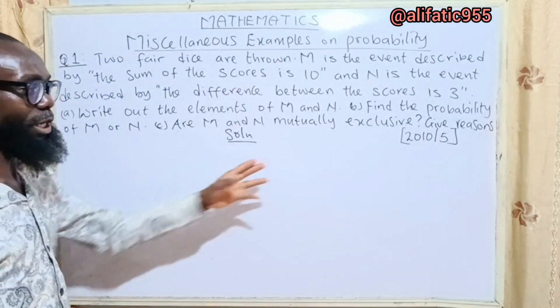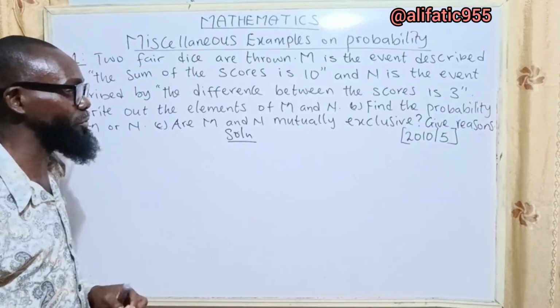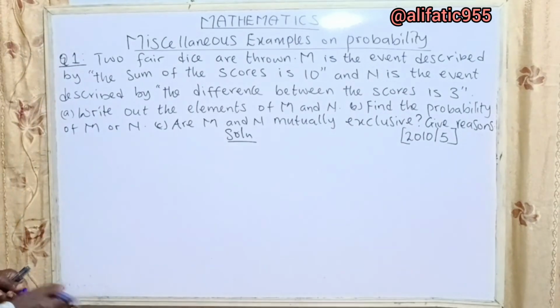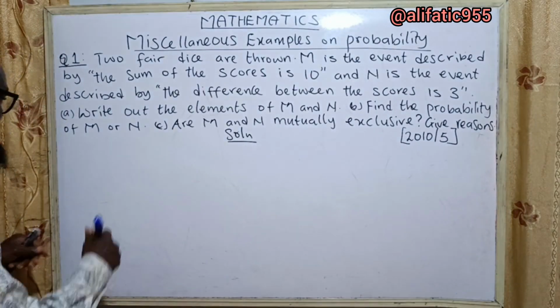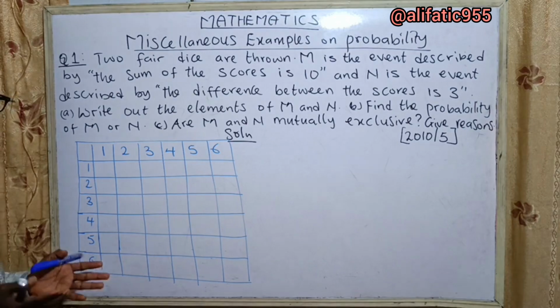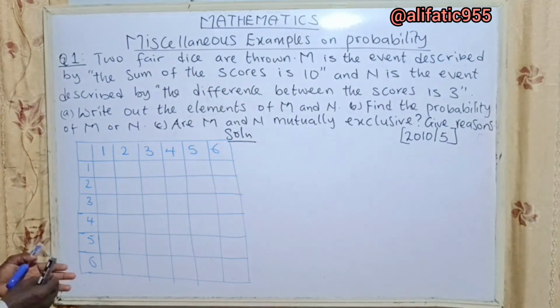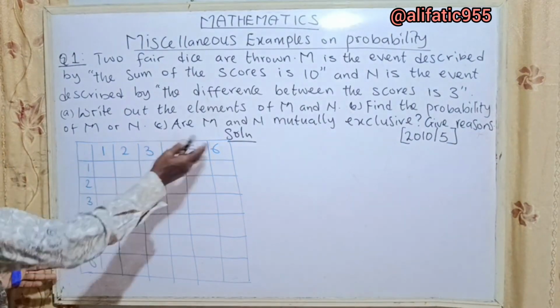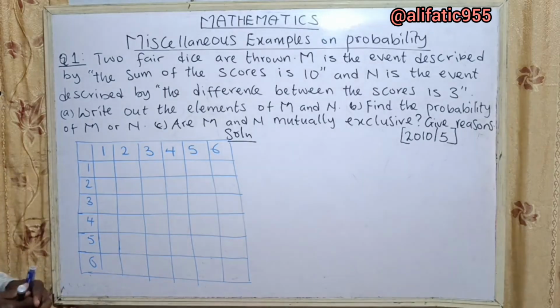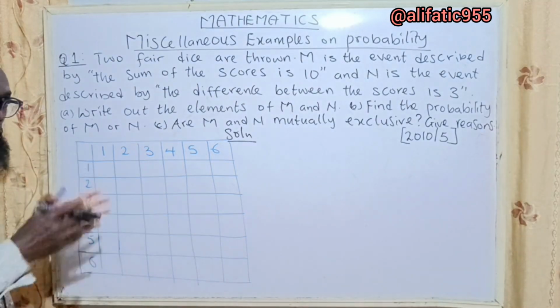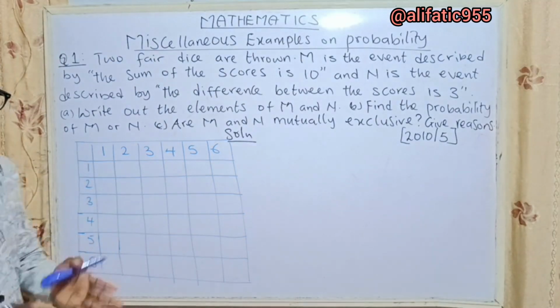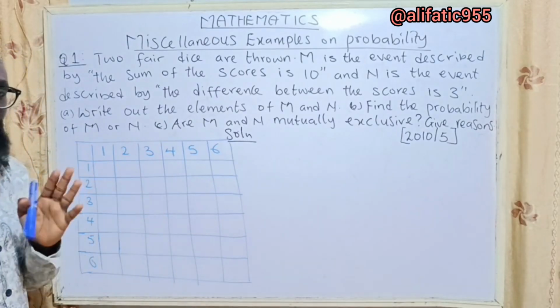This question is WAEC 2010, question 5. We have dice 1 to 6. So these are the two events, with the two dice, the first die and the second die. Here we want to perform two operations, addition and subtraction.